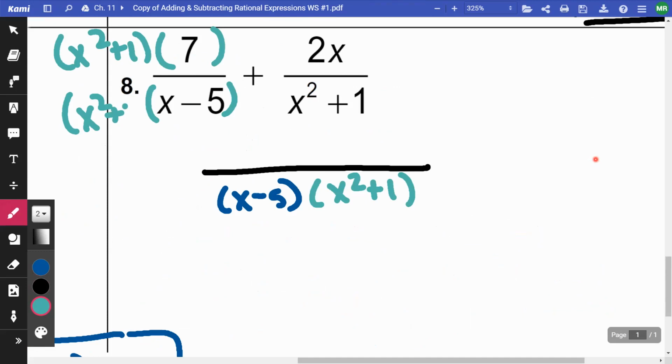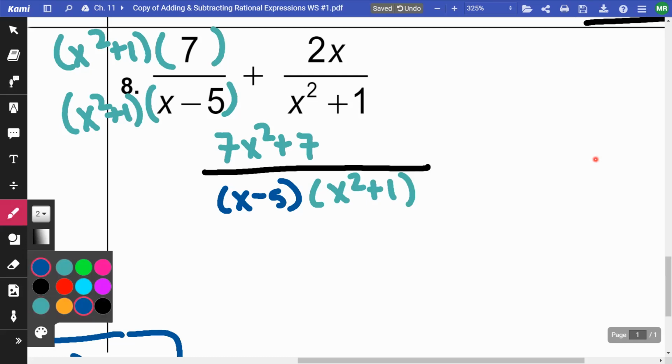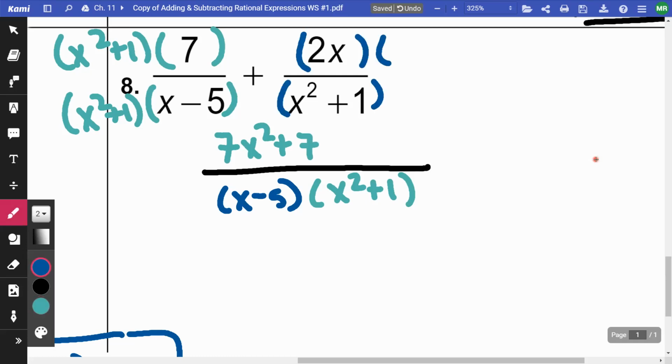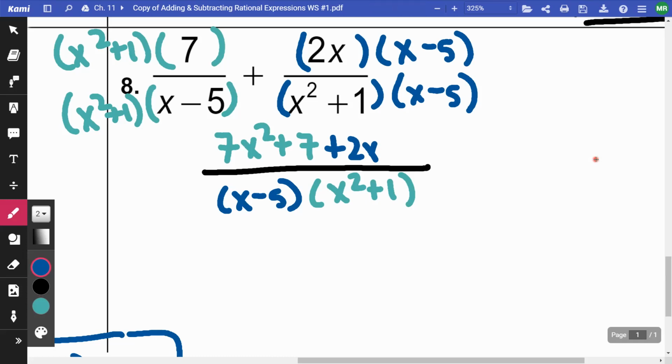So that's going to give me a 7x squared plus 7 on top. The other fraction, I'm going to multiply top and bottom by x minus 5, and I'm going to get a 2x squared minus 10x.